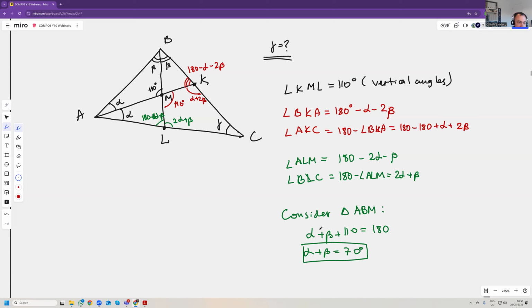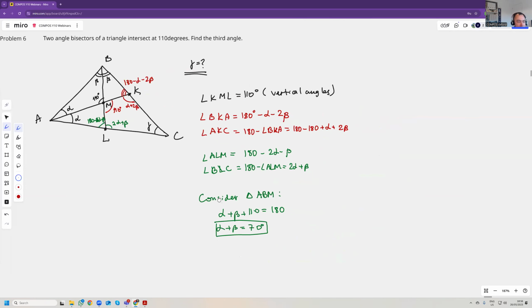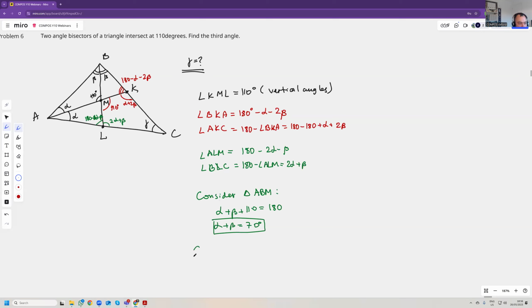That's useful. I'm going to use that later on. All right. So now we look at the quadrilateral MLCK. Consider quadrilateral MLCK.